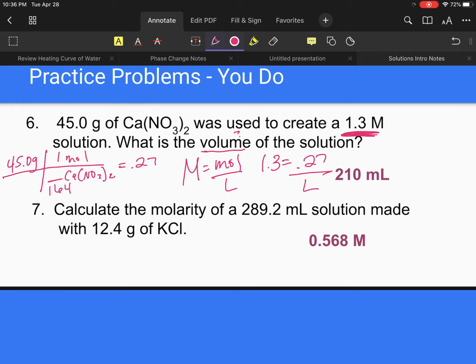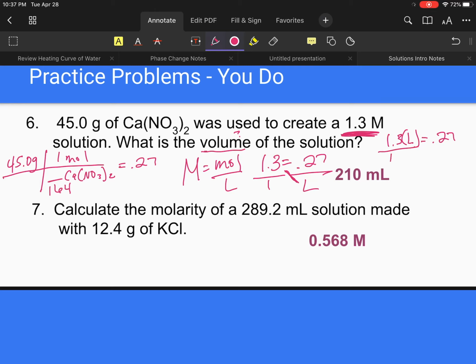Okay. So I kind of have to go a roundabout way to solve this. I could do it a couple different ways. I could just pretend like that's over 1. I can cross multiply, so I end up with 1.3 times L liters is just equal to 0.27.